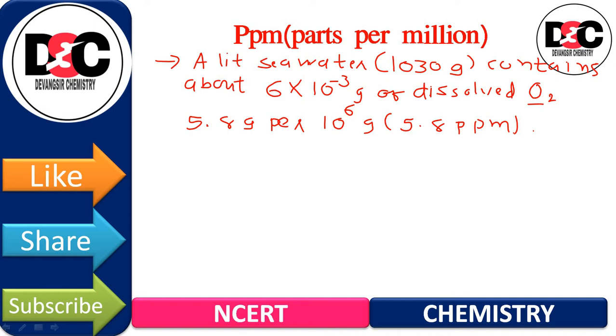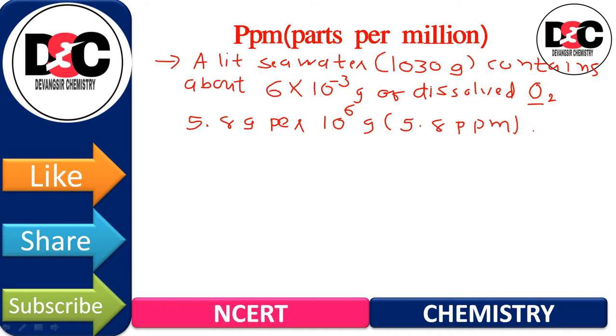A liter of seawater which contains about 6 into 10 raised to power minus 3 gram of dissolved oxygen is 5.8 gram per 10 raised to 6 gram, that is 5.8 ppm. Okay, so these we have to remember for MCQ.